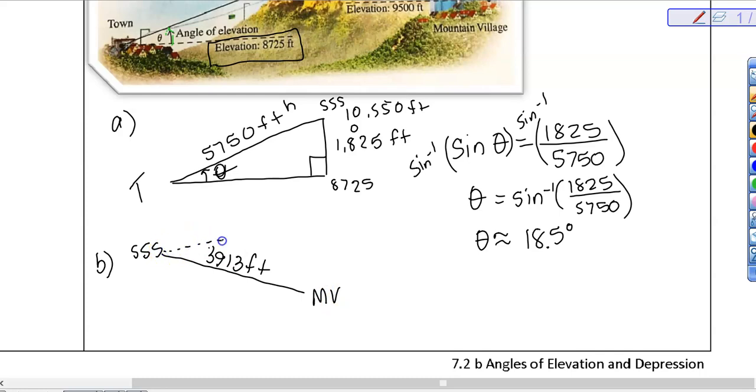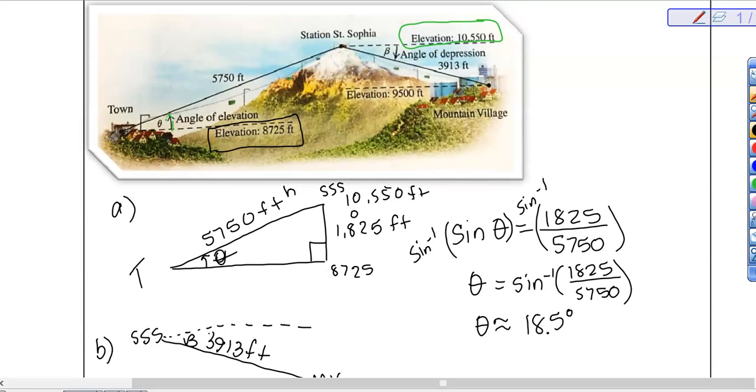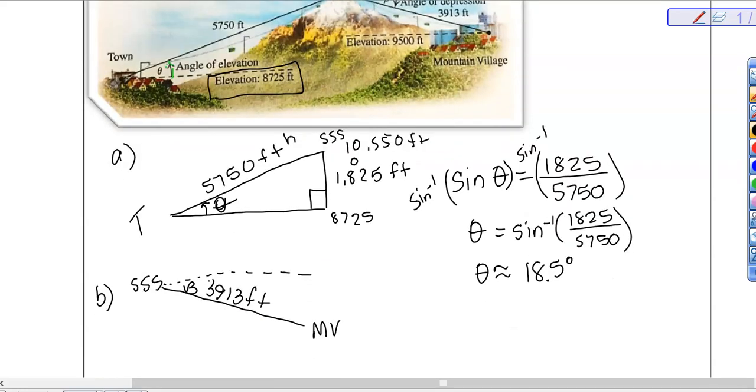And then you have an angle of depression. That's what you're looking for, right? We're looking for angle beta. That's not a very good picture. But that's the visual that we have. True? Okay, so we need this distance right here again. I think I'll put this outside, 3913.